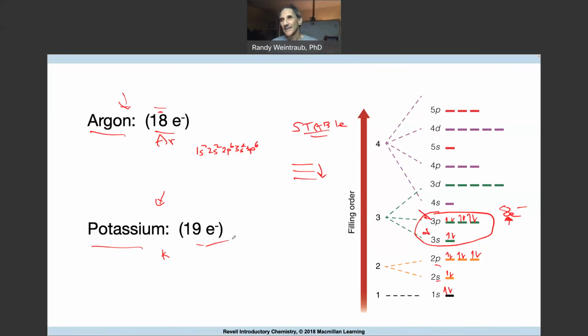Now, let's take potassium. Potassium has all these electrons plus one more. It is in the fourth period, in the 4th energy level. Just one valence electron. So it has a lot to do to get to this stable 8 electrons.